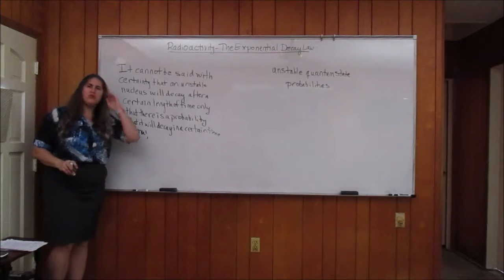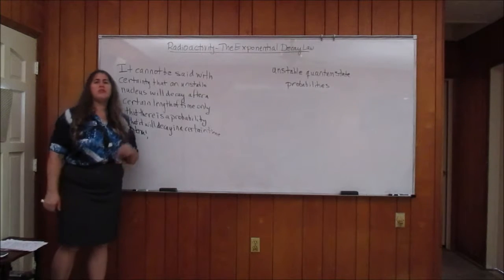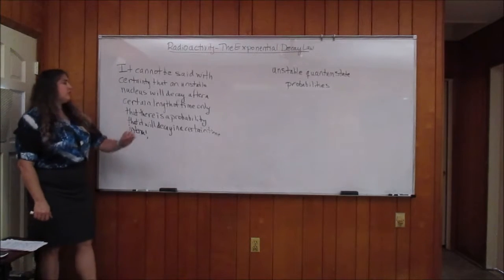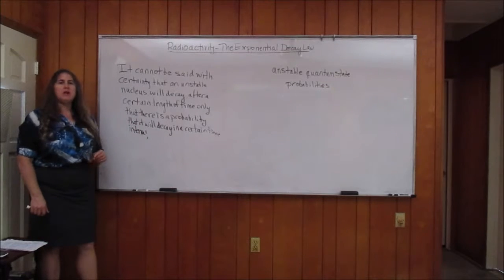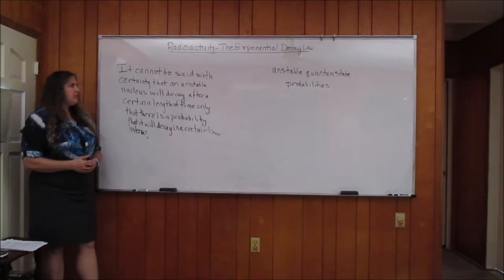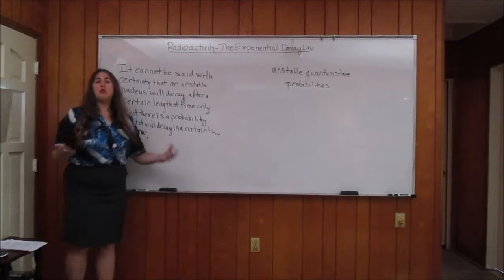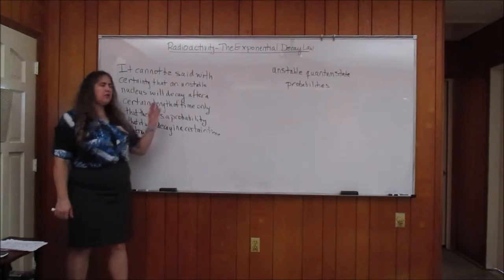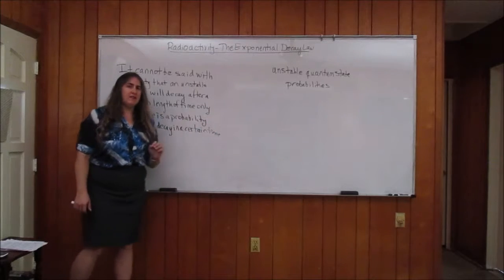Just writing this on the board to drive home the point. It cannot be said with certainty that an unstable nucleus will decay after a certain length of time, only that there's a probability that it will decay in a certain time interval, okay? And why is that? Well, to put it in a kind of casual way, the unstable nucleus doesn't know how long it has existed.